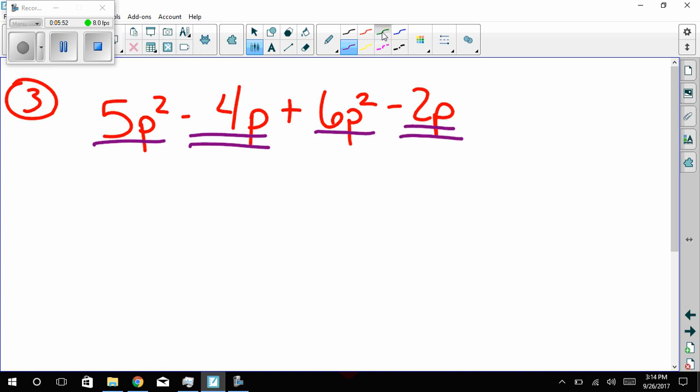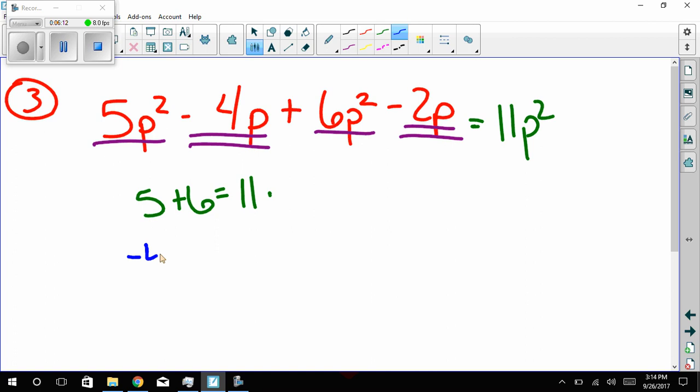Okay. Combining like terms. So I want to do the p squareds first. So I have 5 plus 6 is 11. So that's going to give me 11, and those are p squared, so it's going to stay p squared. Now the p's.